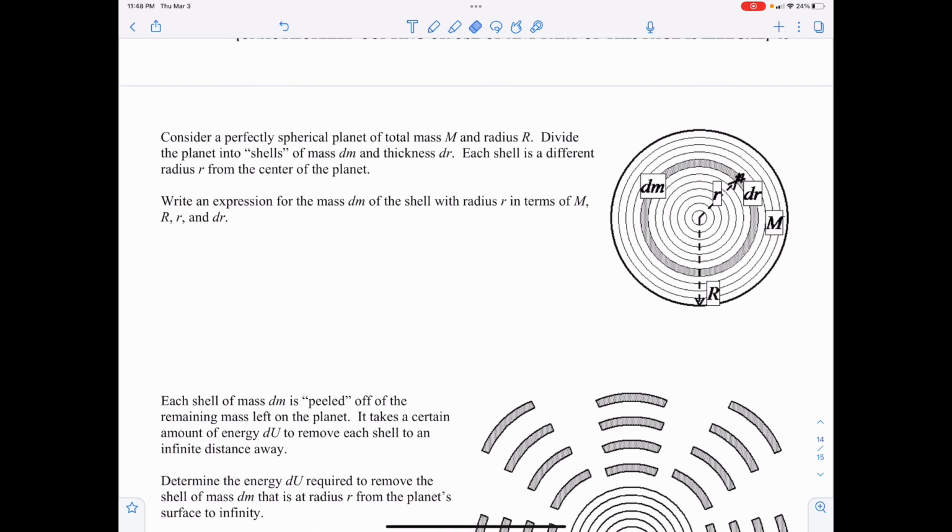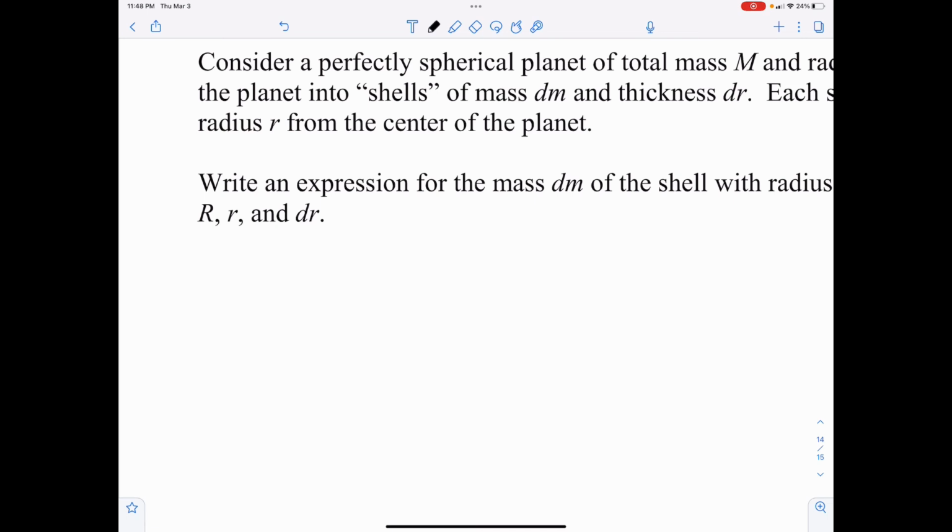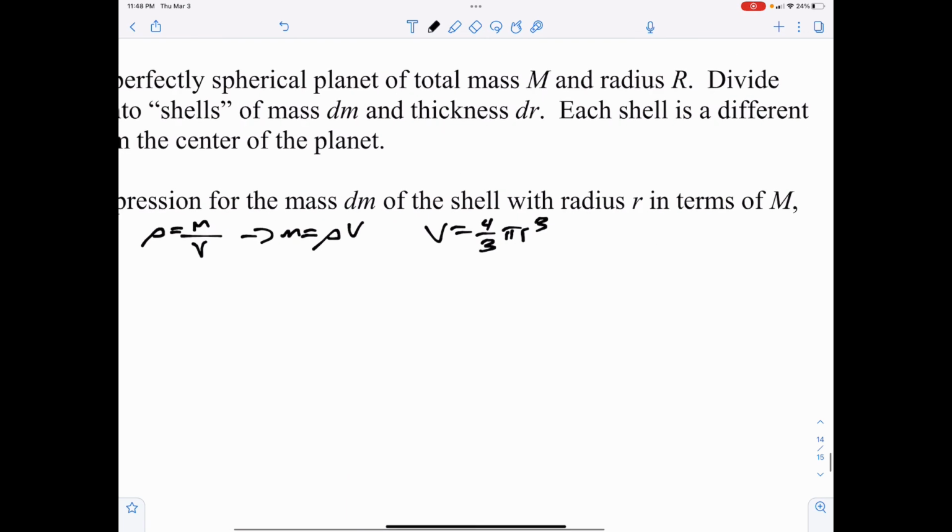Okay, well, let's start with the idea that density is equal to mass per unit volume. So mass is density times volume. And recall that volume is 4/3 pi r cubed. So dV is equal to, if I were to derive that, bring this out in front, subtract, what do you get? 4 pi r squared dr. Well, what is that?